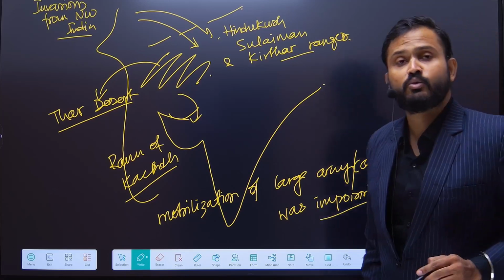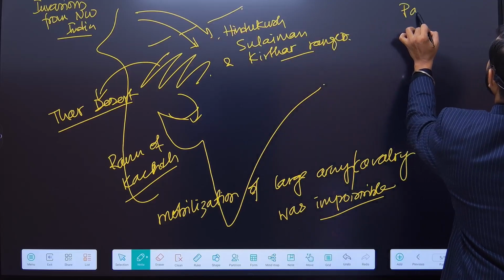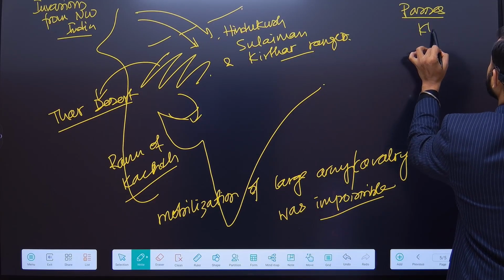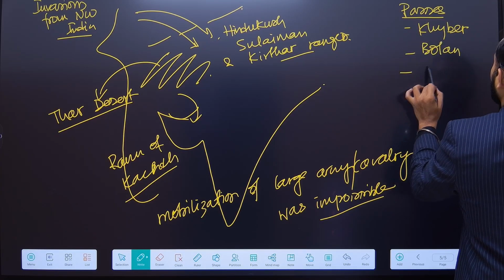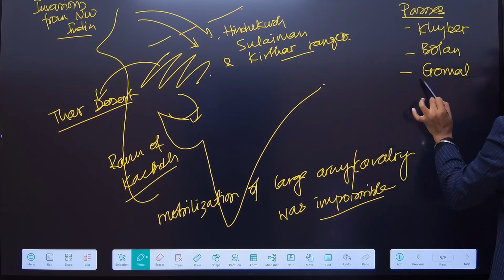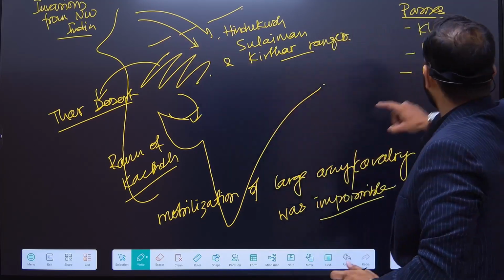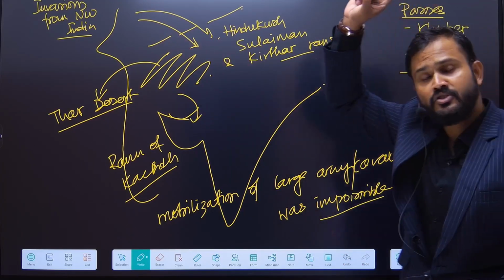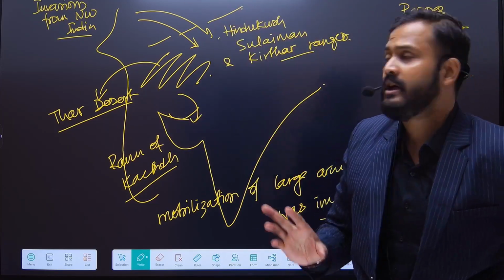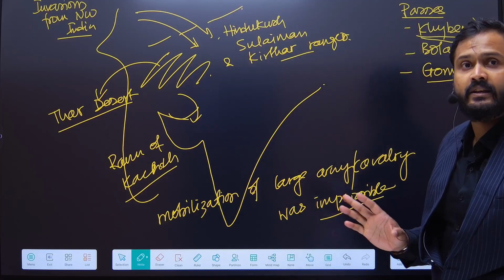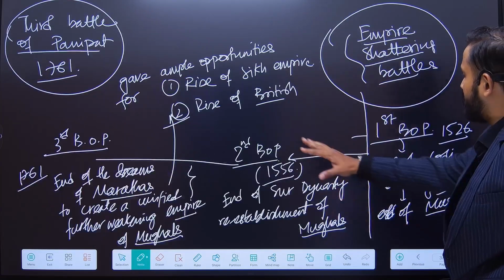This is observation number 1. There are passes. For example, the passes are Khyber, Bolan and Gomal. These passes you can only enter. The most popular pass was Khyber. Even during ancient Persians, or the Greeks or the Central Asians and later the Islamic invasions happened through these passes only.